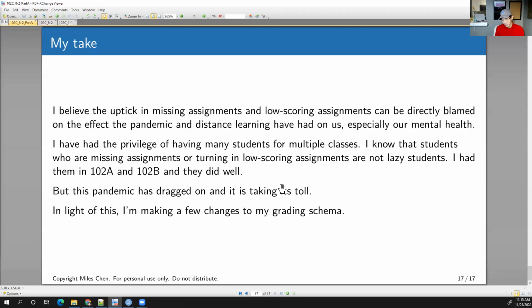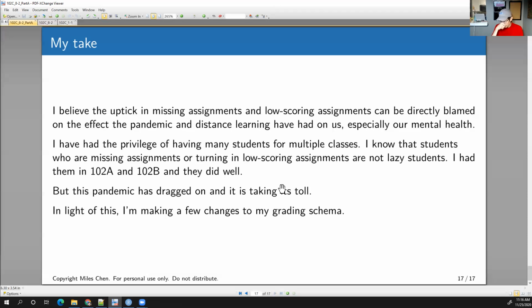I had them in 102A, I had them in 102B, and they did well. So I'm just assuming that this is the result of the pandemic dragging on for so many months and taking its toll on each of us, right?